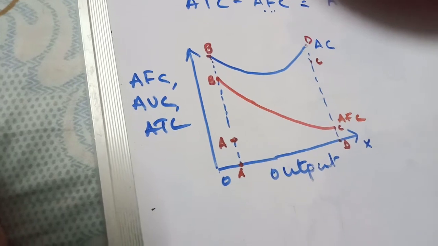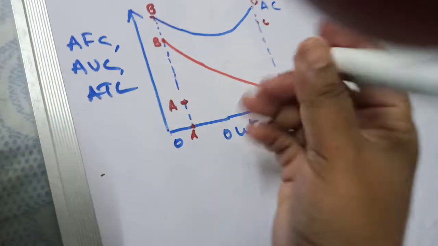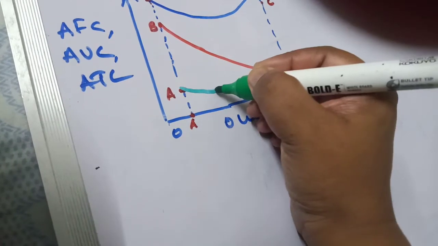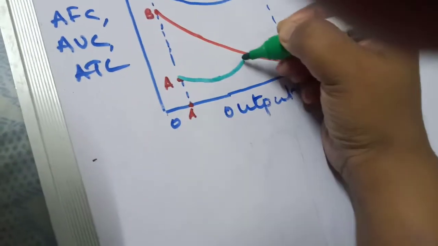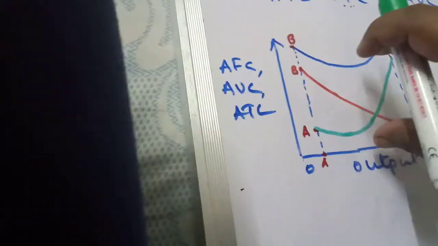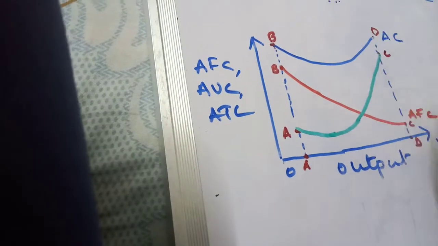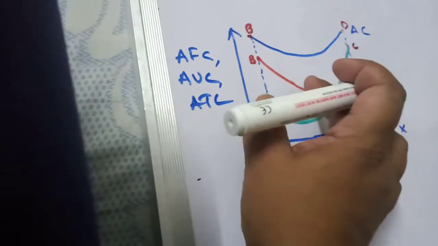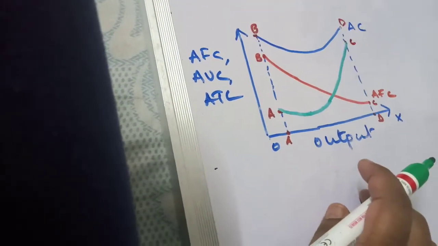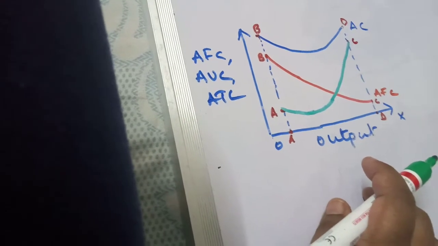Now how are you going to make it? You're going to make a U curve, because it is a U curve, and join it like this. So every time you'll find that the distance between AC and AVC is AFC, and it is going on diminishing because AFC is going on diminishing.